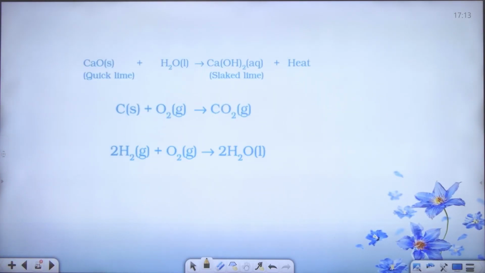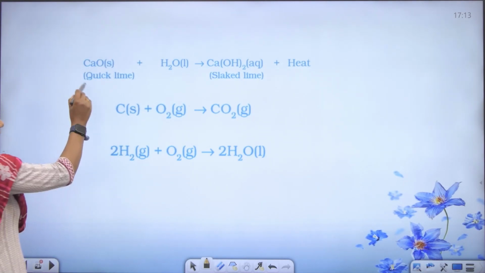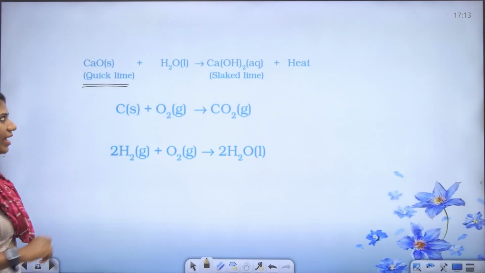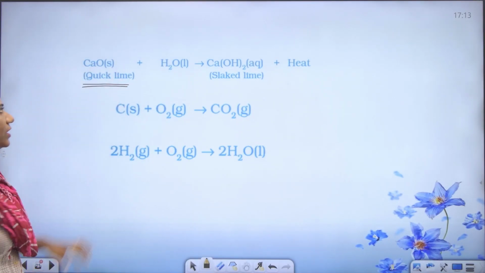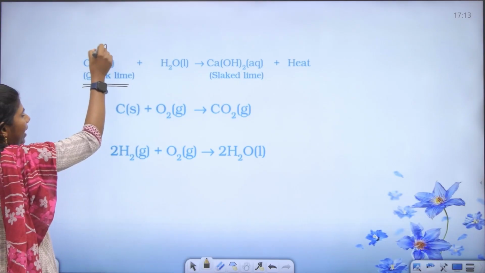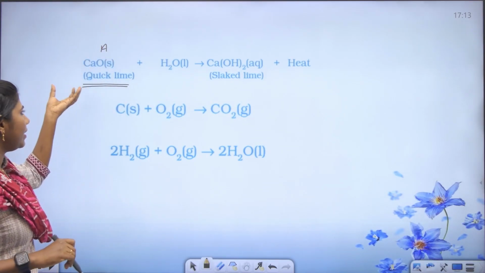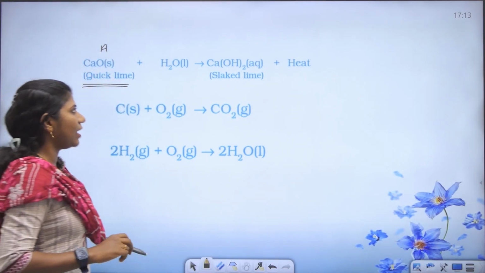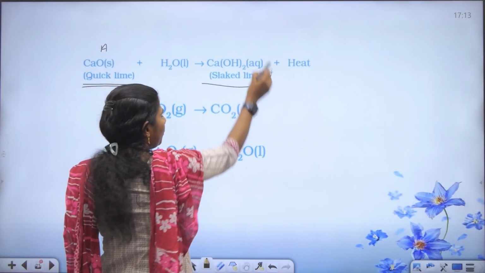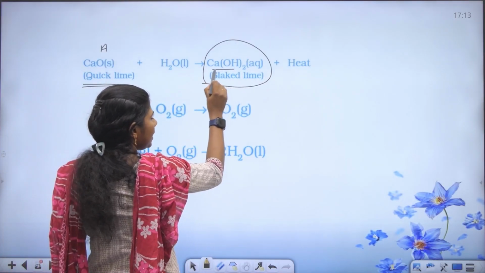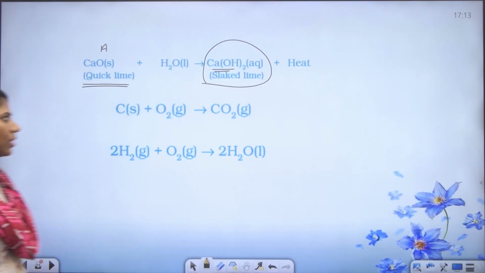For example, calcium oxide, CaO, is also known as quicklime. Quicklime reacts with the water molecule to form calcium hydroxide, Ca(OH)2. Calcium hydroxide is slaked lime.